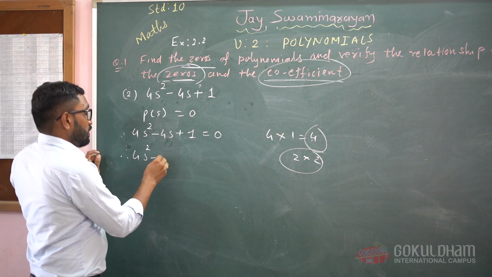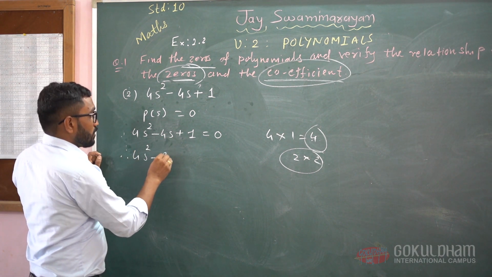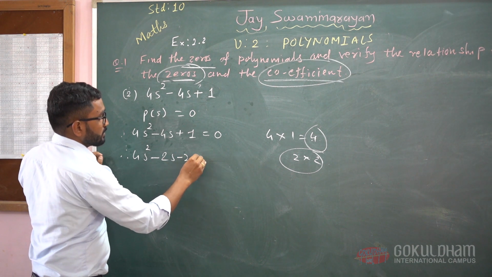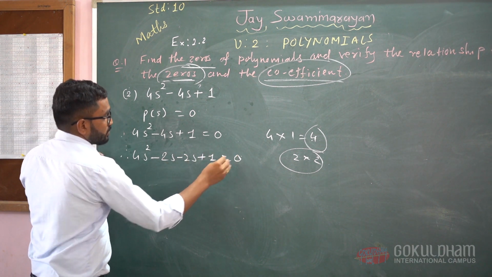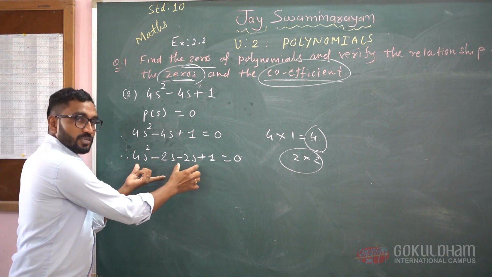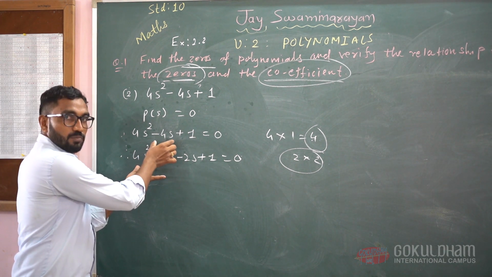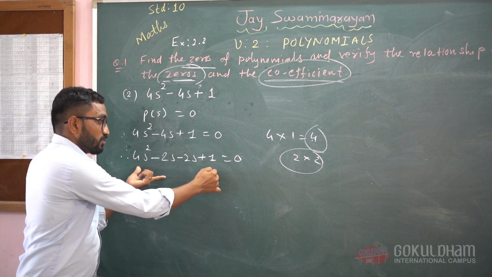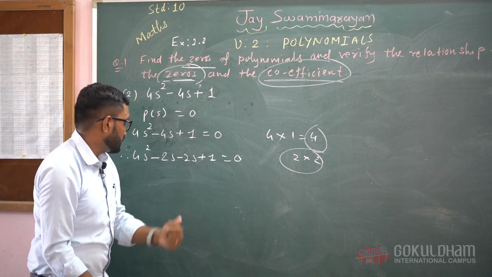So 4s square minus 2s minus 2s plus 1 equal to 0. See here, 4s square minus 2s minus 2s plus 1 as it is, equal to 0.